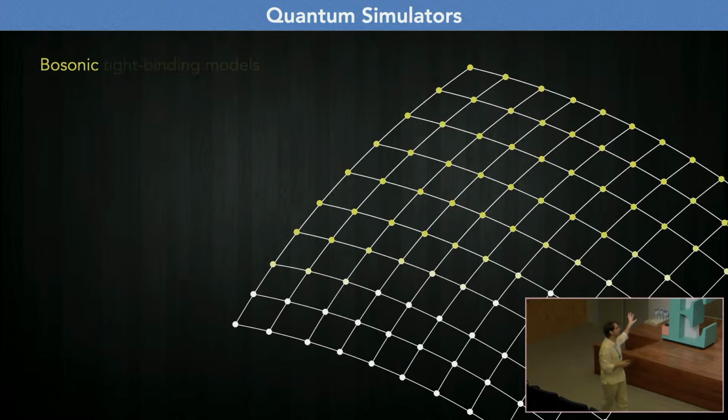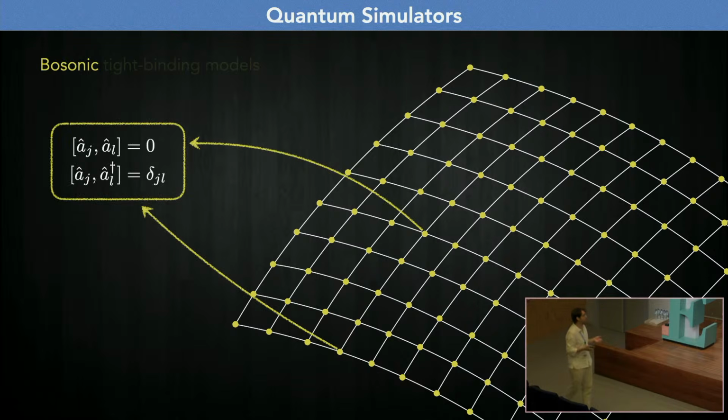But bosonic refers to the fact that on every element of the system, what you have is a degree of freedom which is bosonic, which is a harmonic oscillator. So in particular, that means that on every lattice site, you can define a harmonic oscillator with bosonic operators, creation, annihilation operators that satisfy canonical commutation relations, okay? And this is what we will work with today.